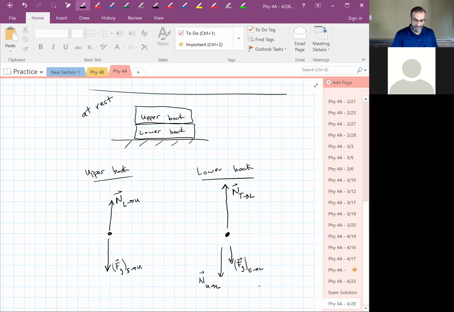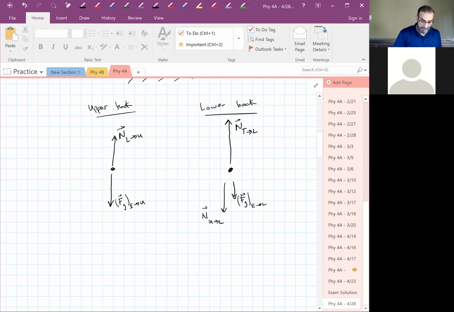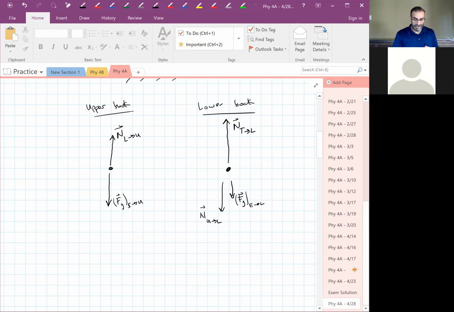So if we think about this a little bit, let's go back and take a look at these free body diagrams. What we're going to learn very soon is that if there's a net force acting on something, that something is going to accelerate. Okay, it's going to move with acceleration.